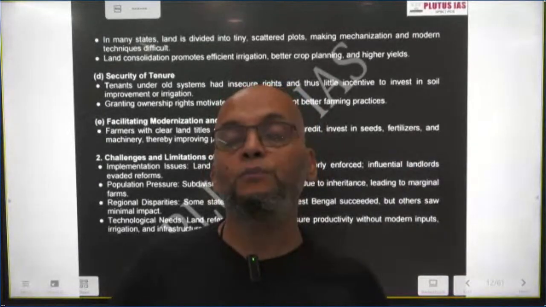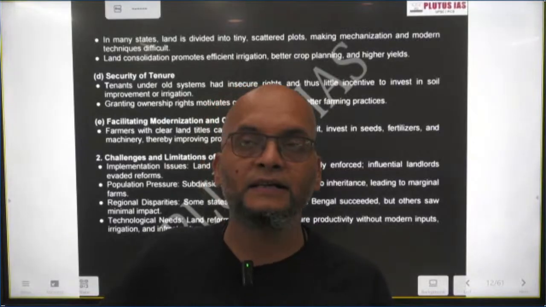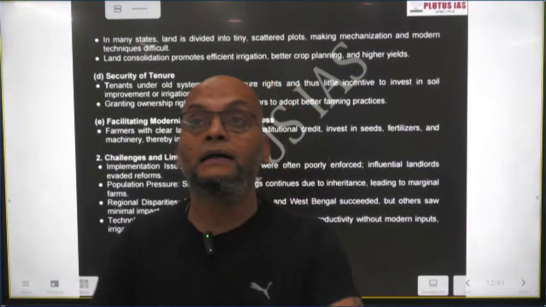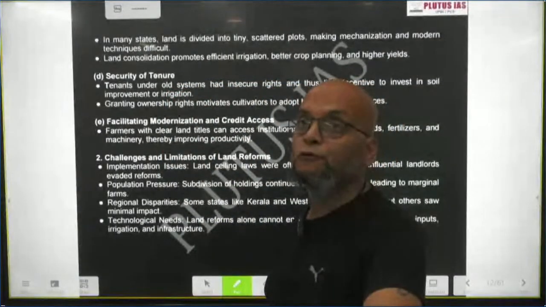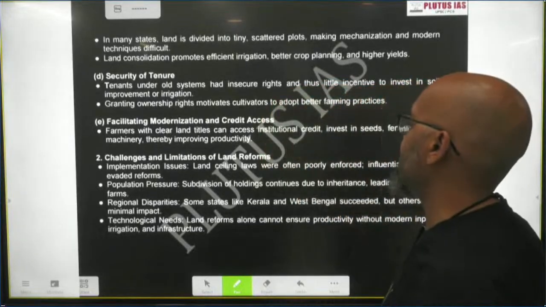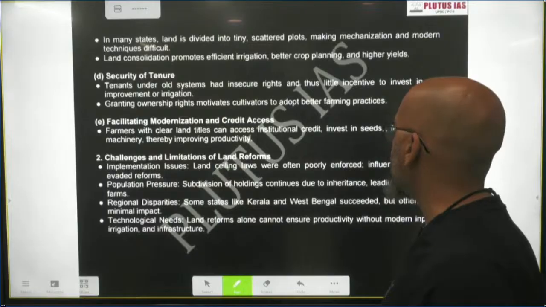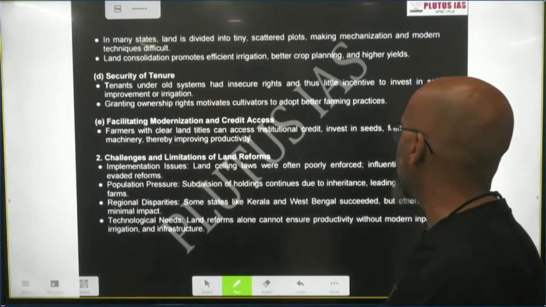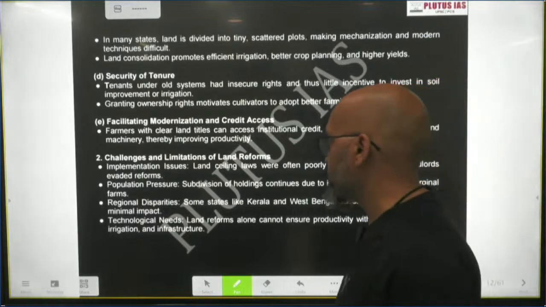But once you make them the owners, now they are responsible for the land. Now they will take better care of it, keep an eye on its productivity, and take measures to improve it. Facilitating modernization and credit access: farmers with clear land titles can access institutional credit, invest in seeds, fertilizers, and machinery, thereby improving productivity.